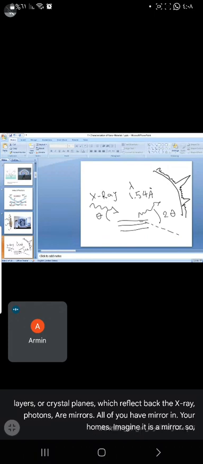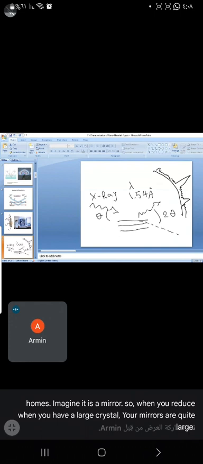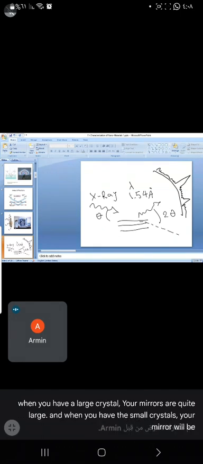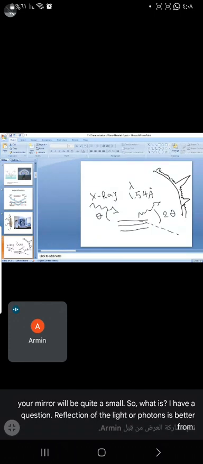When you have a large crystal, your mirrors are quite large. And when you have small crystals, your mirror will be quite small. So I have a question. Is reflection of light or photons better from small mirrors or large mirrors?